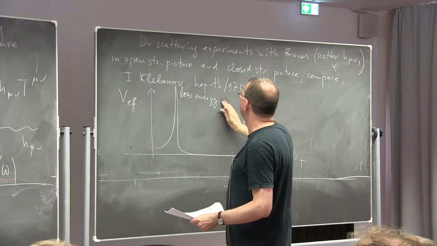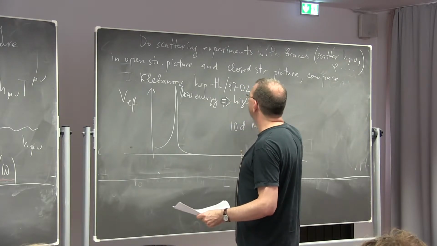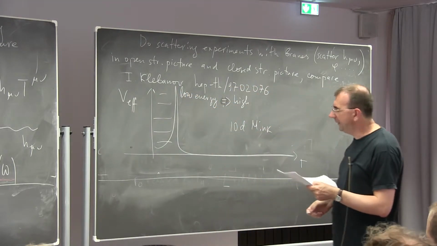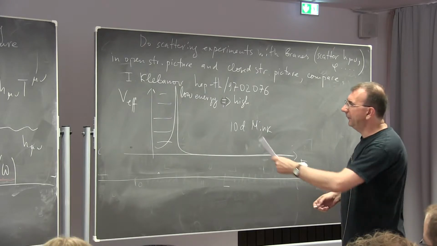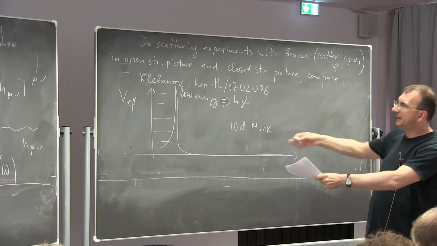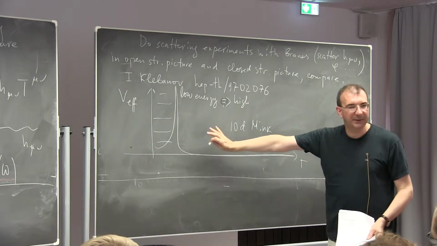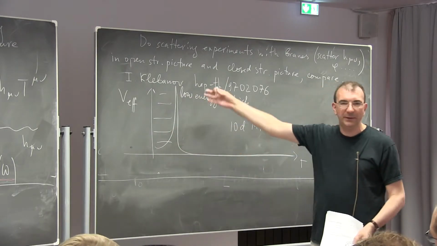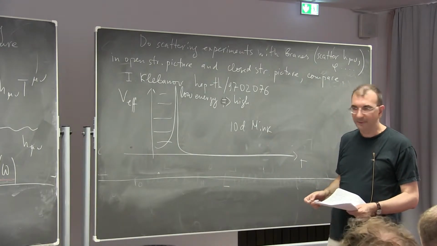Let's say low energy, it means that the peak is high. And then there is the near horizon region of your metric. So this closed string picture separates at low energy into two regions. One of them is flat 10-dimensional Minkowski space, and the second is the near horizon region of the metric which I was writing on the board.